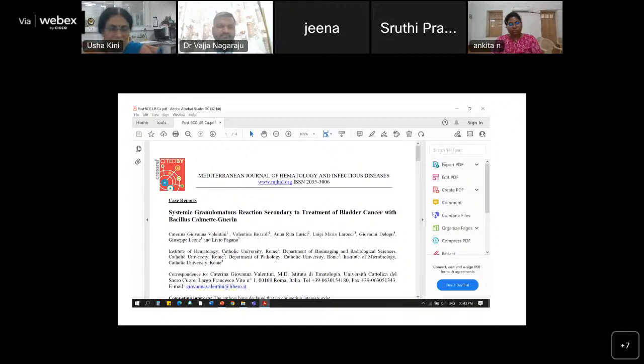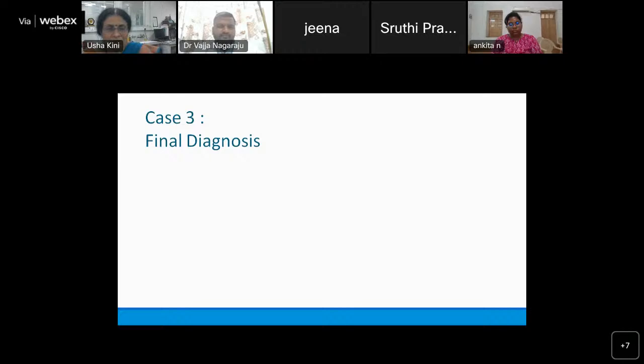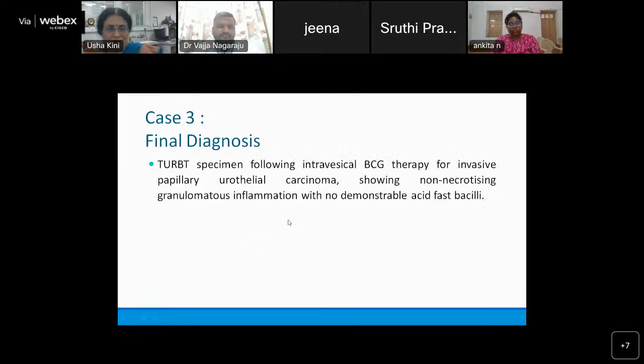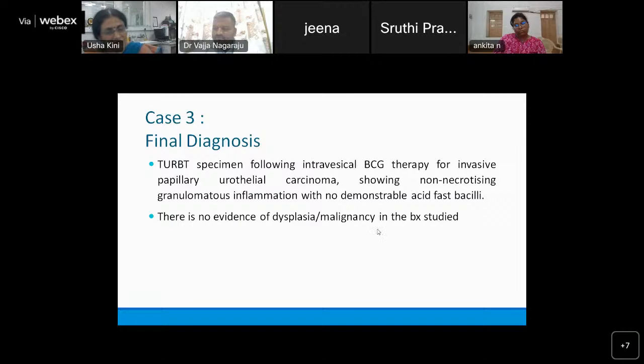which could be timely. So the final diagnosis went as TURBT specimen following intravesical BCG therapy, and there were no demonstrable acid-fast bacilli in this case, and there was no evidence of dysplasia or malignancy. So the patient, as of now, yesterday had called up, he's doing very fine, and he is off all medications.